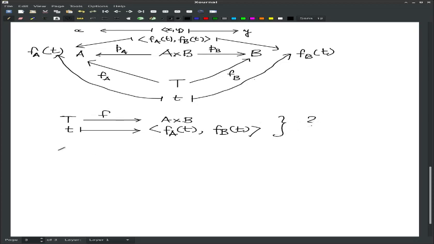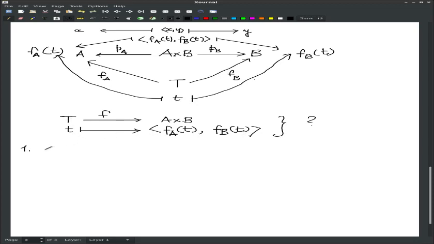Now let's try and see. Firstly, for every t, what do you have to check? For every t there is something over here. Yes, I have given that assignment. For every t in T I have given this assignment. Good. Alright, that's the first one, remember? So it's a relation.